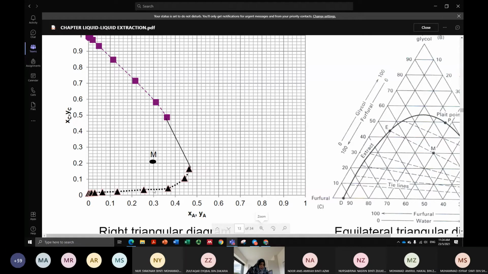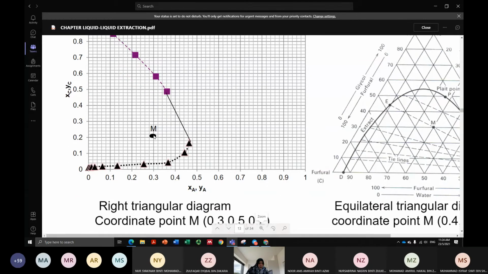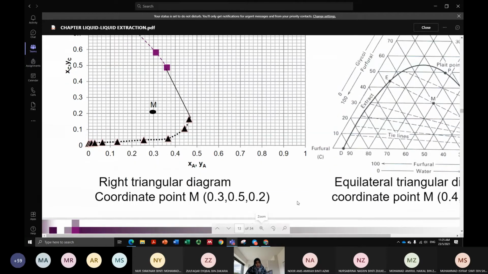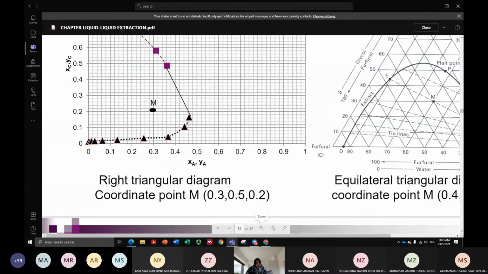So the value is 0.3 for A. And if you look for C, it is about 0.2. If you want to know the fraction for B, you just do 1 minus 0.2 minus 0.3, which is 0.5. So you get 0.5.